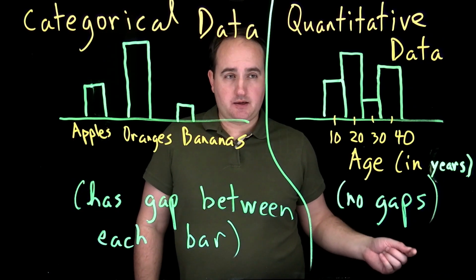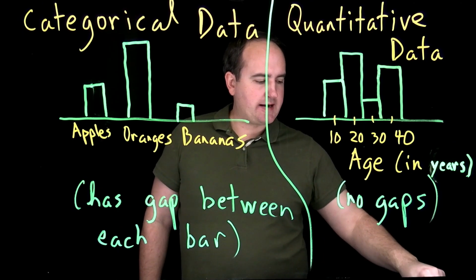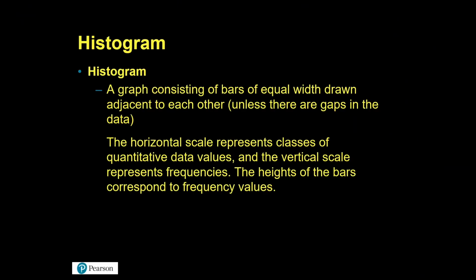Okay, so let's go back to these slides. Let's continue through here. So we've seen what a histogram looks like, and we've seen the difference between a histogram and a bar graph. But in this section, we're only doing histograms. In 2.3, we will see bar graphs in more detail. Notice here on the slides, it says that the horizontal scale represents classes of quantitative data values.